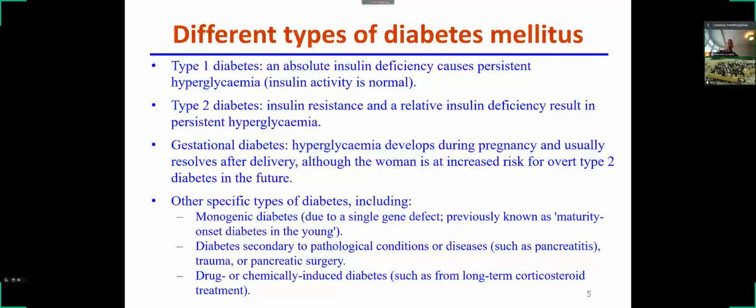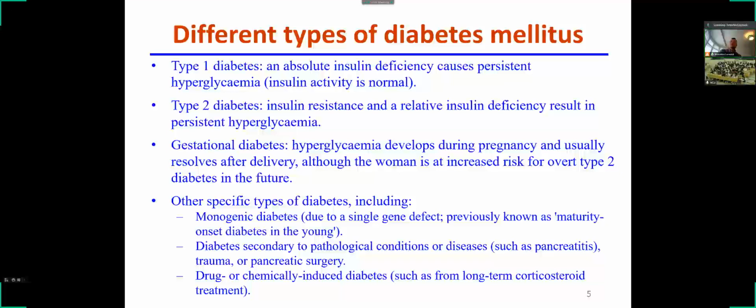Other types of diabetes include monogenic diabetes, which is due to a single gene defect, previously known as maturity onset diabetes of the young. You can also have diabetes secondary to pathological conditions or diseases such as pancreatitis, trauma, or pancreatic surgery.